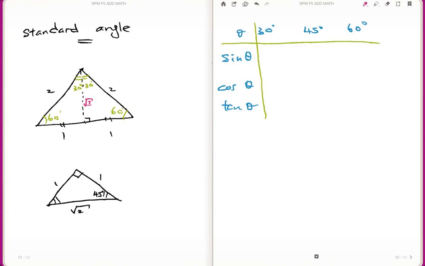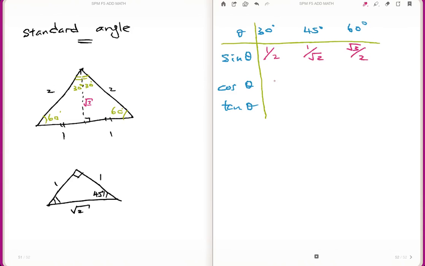Sine 30, that will be 1 over 2. Sine 45, that would be 1 over root 2, based on the triangle. Okay, sine 60 would be square root 3 over 2.